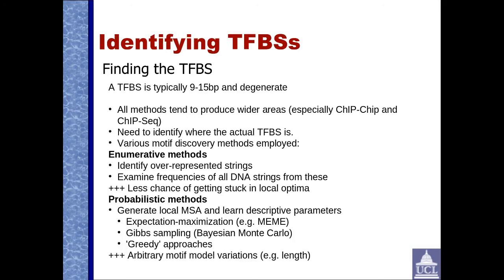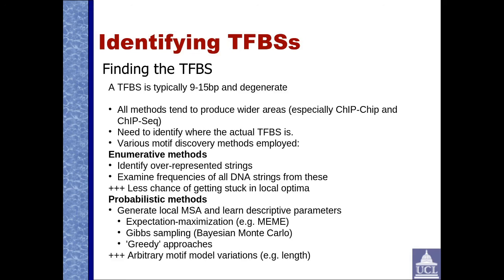So all of these sequences that we get will have the transcription factor binding site in them, but that may just be, say, 10 bases in a chunk of 100 bases or more. So what we need to do is use these sorts of methods to home in on where the actual binding site is.